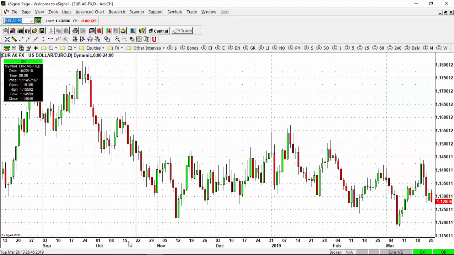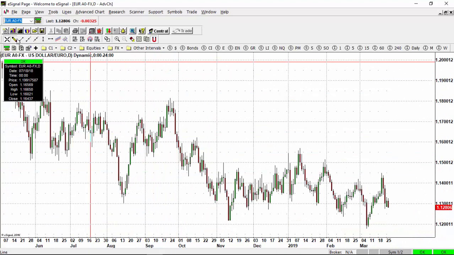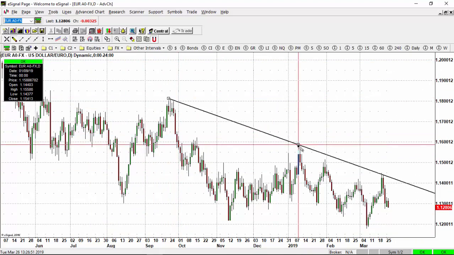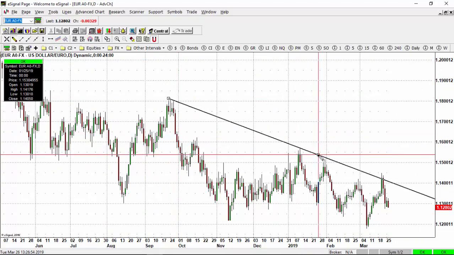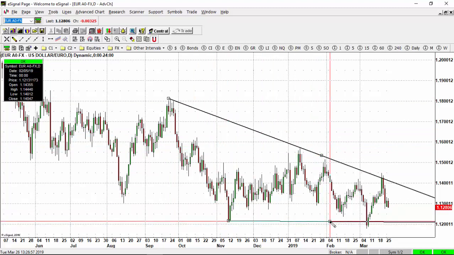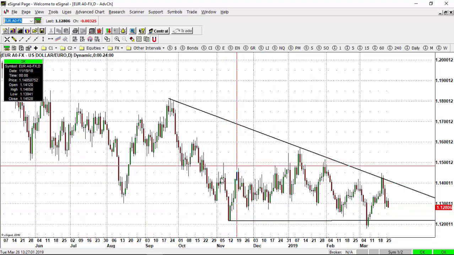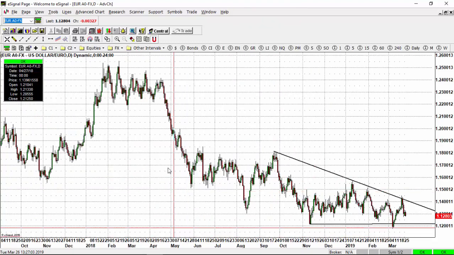The euro is still in a consolidation pattern where we have this triangular consolidation coming down. We spoke about this in the weekly update. The market is still in a downward path.